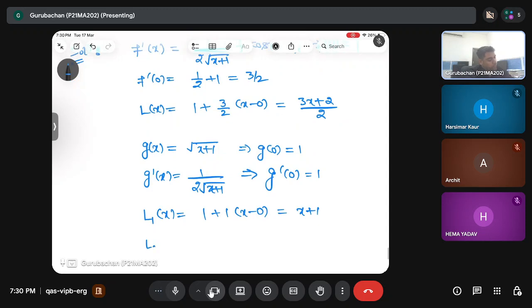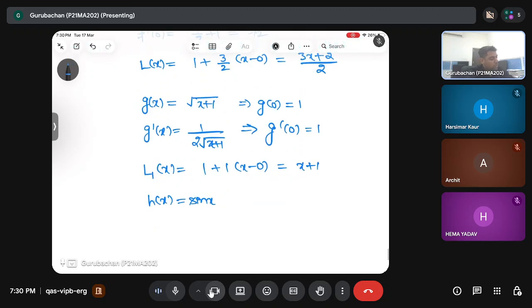Next is some function h(x), that is sin x. The derivative h'(x) is cos x, and h'(0) is 1, and h(0) is 0, and the linearization of this h(x) is 0 plus 1 into (x minus 0).